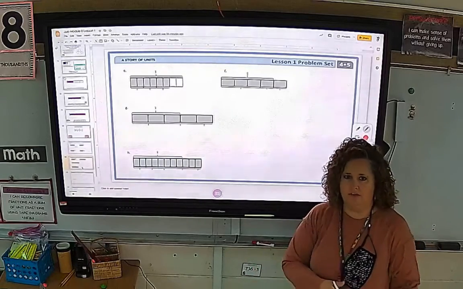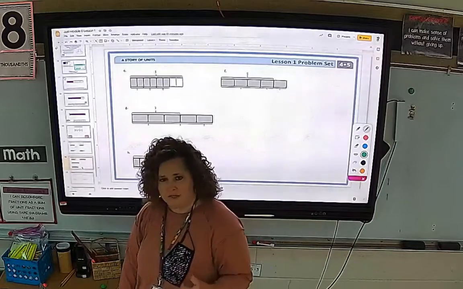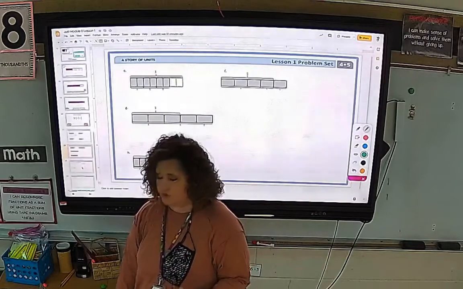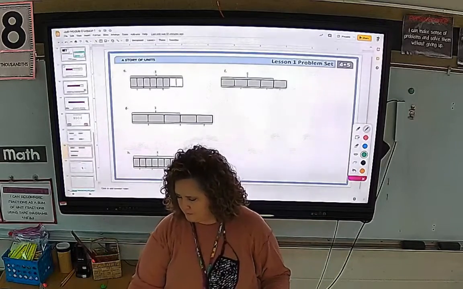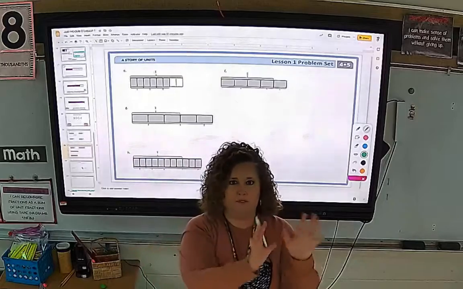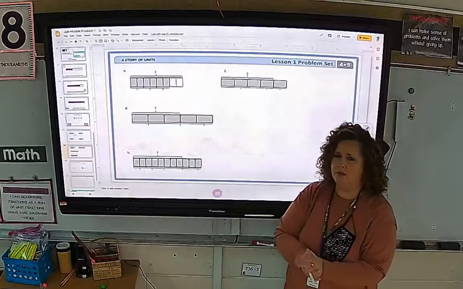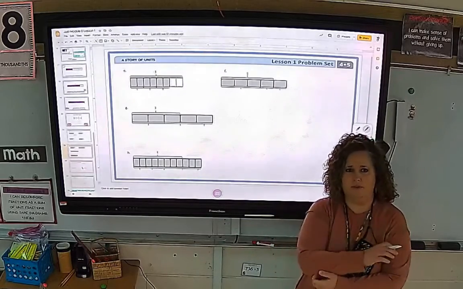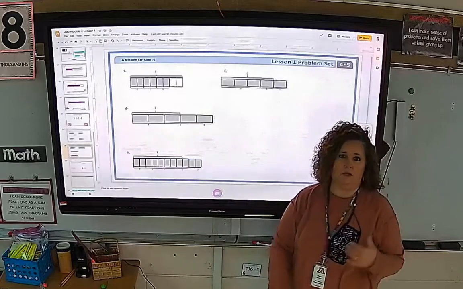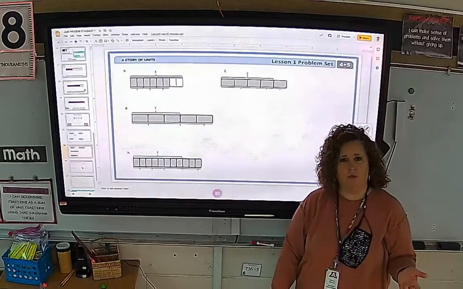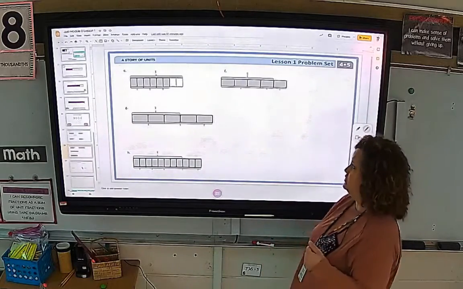And then I'm going to let you finish the rest of these that are the tape diagram problems. I am going to jump to the end of the problem set, or the second page, where you have the addition sentence and have to draw the tape diagram. I am going to do some of those with you also. So even though I may not do every single problem with you, I do want you to try all of them. And if you are really gung-ho and liking fractions and you want to do the homework pages, you can. That is not a have to, but I do want you to do the problem set pages.